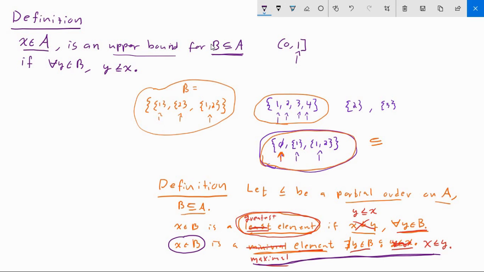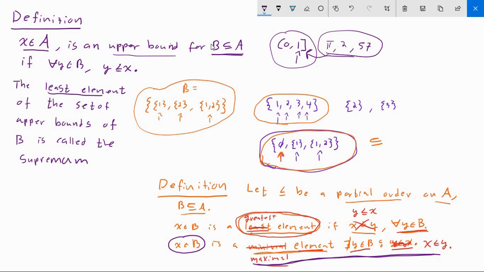Certainly 1 is greater than or equal to anything in this interval. But one could say the same thing of pi, or 2, or 57. All of these numbers, in the normal order relation of the real numbers, are larger than every single number in this set. So all of these numbers are upper bounds.